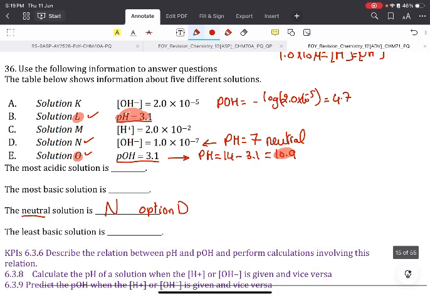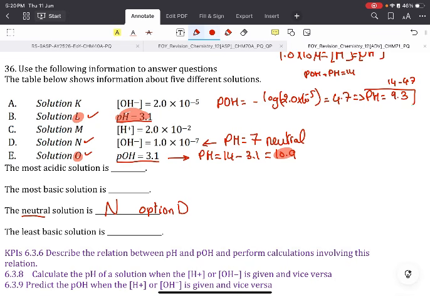So if the pOH is 4.7, therefore the pH is 14 minus 4.7. I'm referring to this formula. So 14 minus 4.7, and the answer is 9.3. So I analyzed solution K. Solution K is basic. So K is basic, L is acidic.